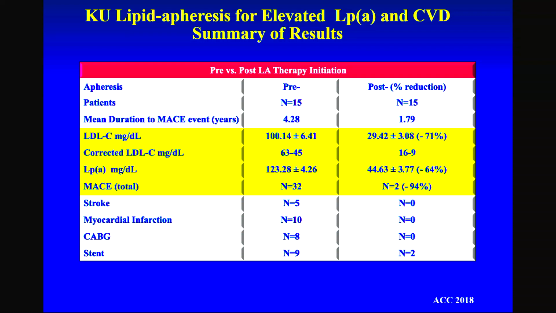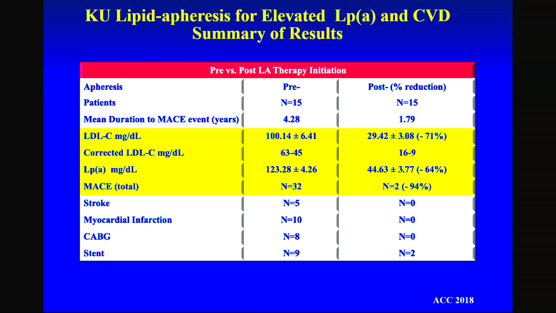I think I presented this before. This is a case from our clinic. We treat about 60 patients now in apheresis. And a good percentage of them have high Lp(a). This is a paper that's under review now in JCL, where we had 15 patients whose corrected LDLs were pretty normal and very low, but their Lp(a)s were extremely high.